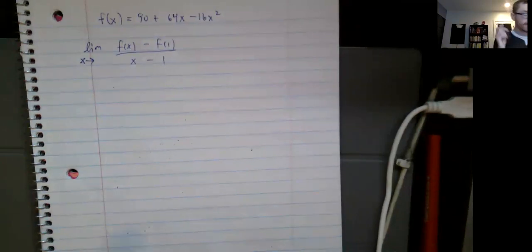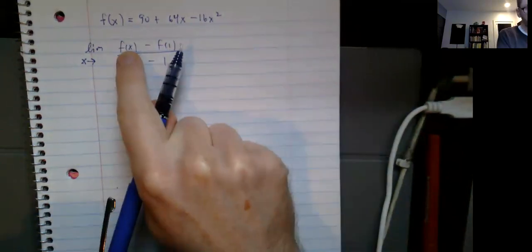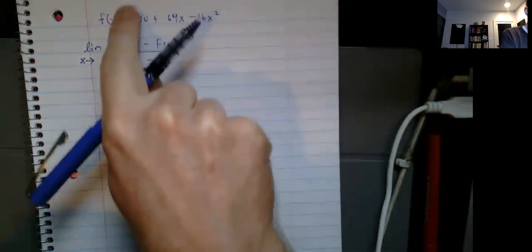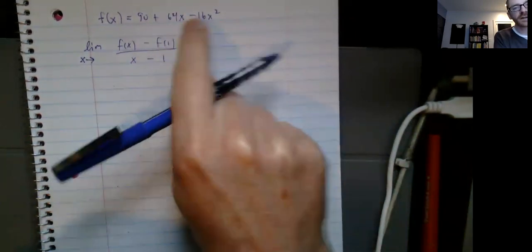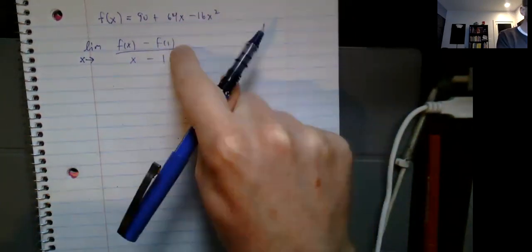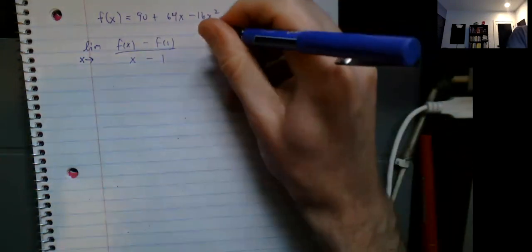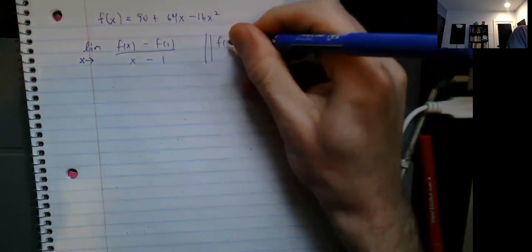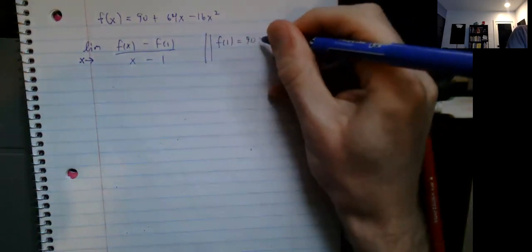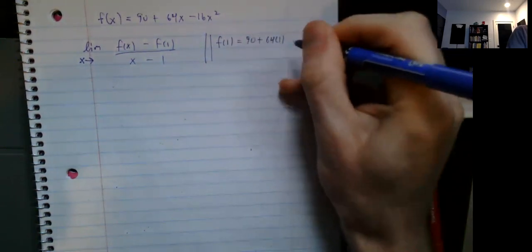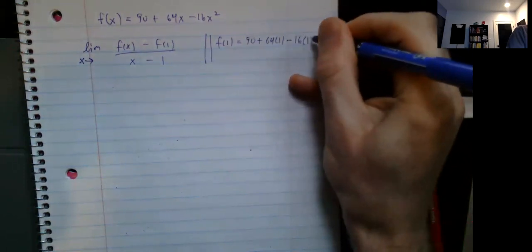So let's do that. What is f of x? f of x is just this thing right here, the 90 plus 64x minus 16x squared. What is f of 1? That's a number. Let me go ahead and compute that very quickly. It's 90 plus 64 times 1 minus 16 times 1 squared, right?